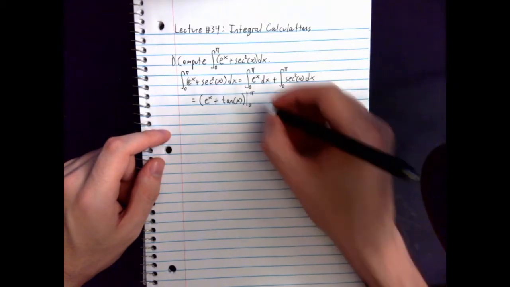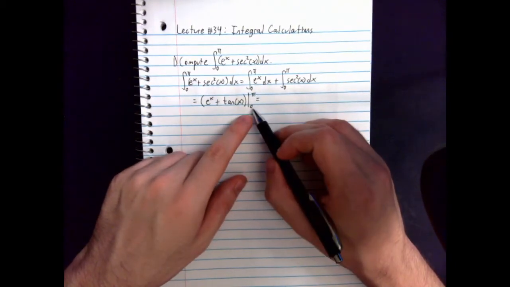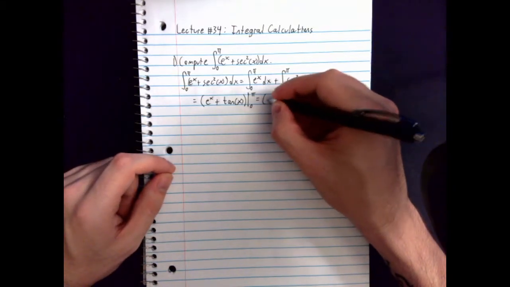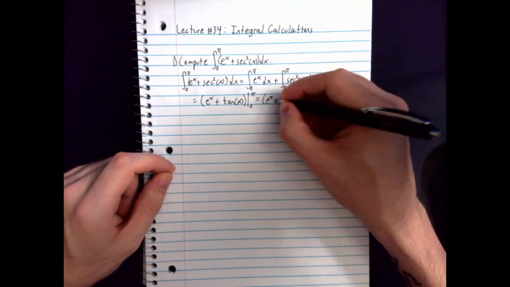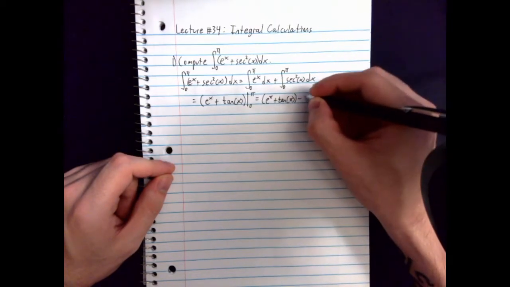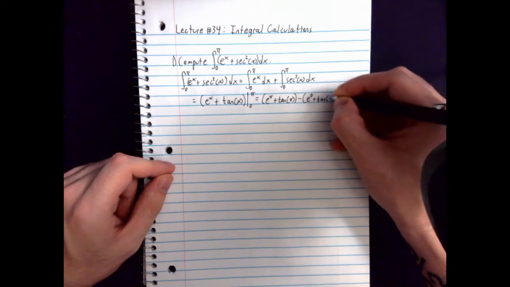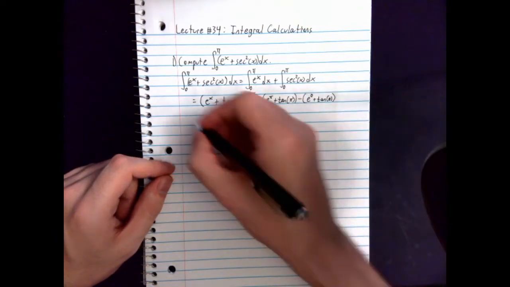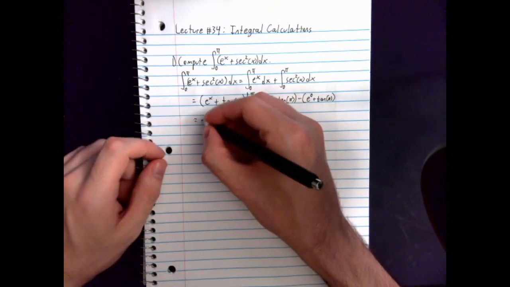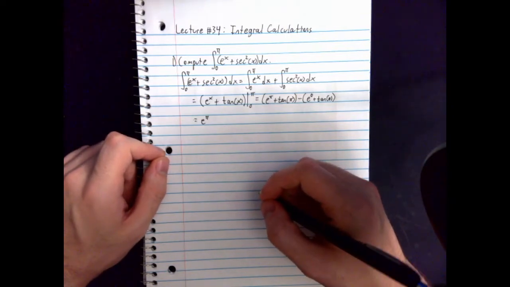And remember what this notation means. It just means plug in the upper value, plug in the lower value, and then subtract. So we get e to the pi plus tangent of pi, minus e to the 0 plus tangent of 0. And this is equal to, well, e to the pi is just e to the pi. It's a number. You could put this in a calculator and get a decimal approximation.